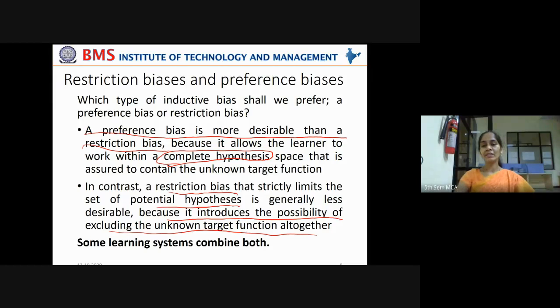But some learning systems combine both of them. As you go on with advanced machine learning models, they combine both of these biases. They may have restriction biases as well as preference biases, based on the context. That we will cover in later chapters once you understand the core concepts.